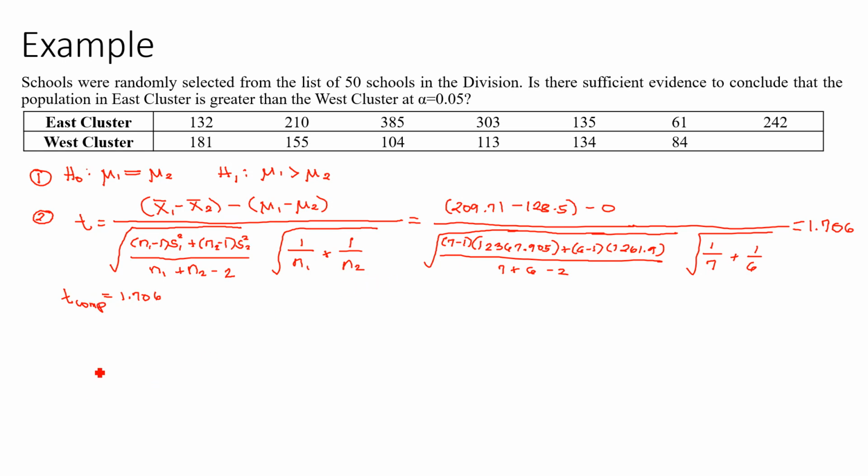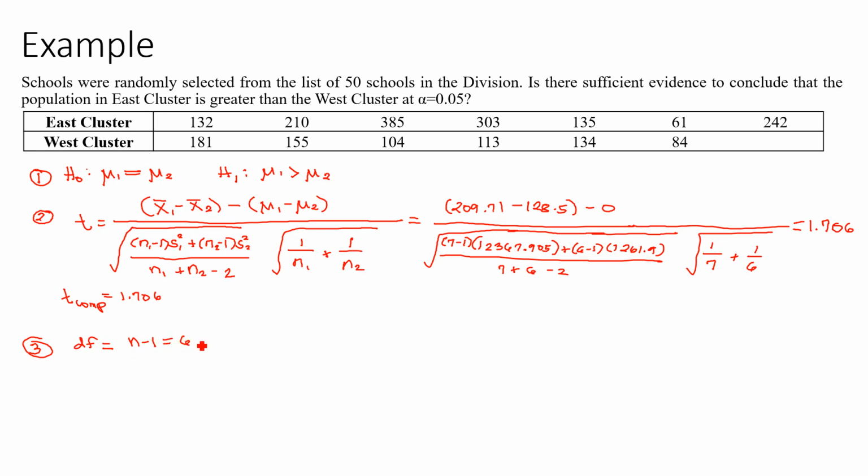For the tabular t value, we are going to base our degrees of freedom on the least number of elements. The least number of elements is the west cluster, which has 6. So 6 minus 1 is equal to 5.